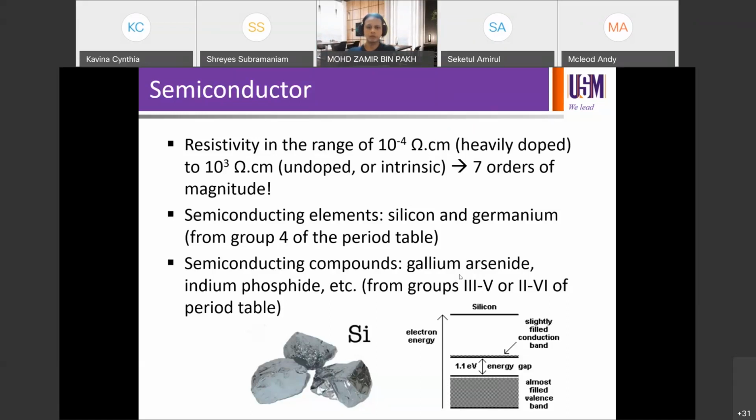Okay. So if you want to compare the energy gap for silicon in this case, you have seen overlap of conduction and valence band for metals and such a huge energy gap for insulator, 5.5 eV for diamond, for example. And if you talk about silicon as a semiconductor, the band gap in this case is about 1.12 eV. So it's not so small, but it's not that big as well, so it's in between.